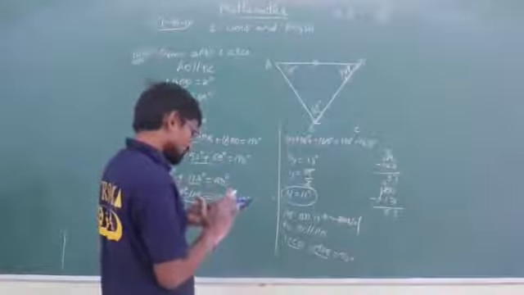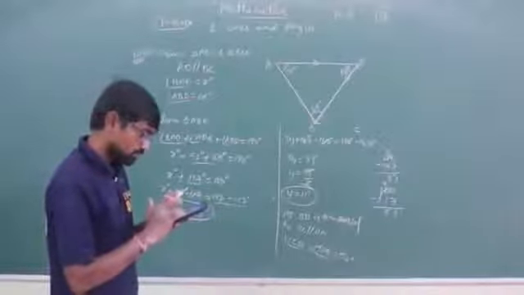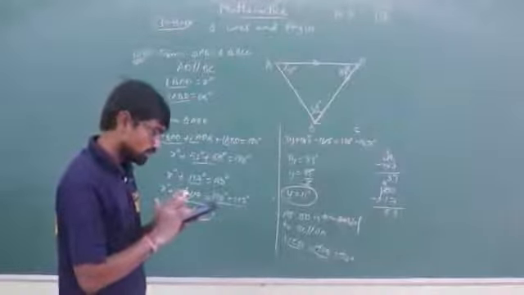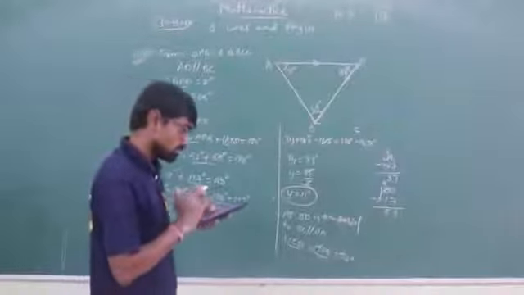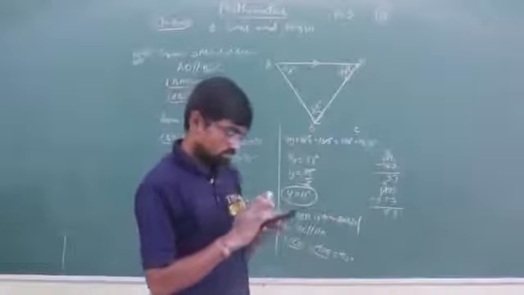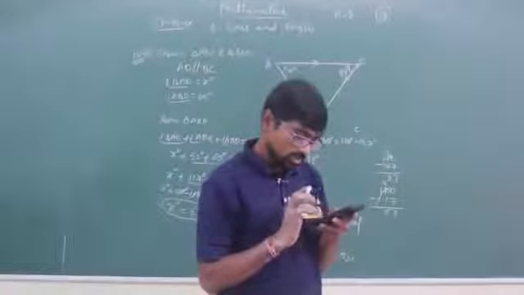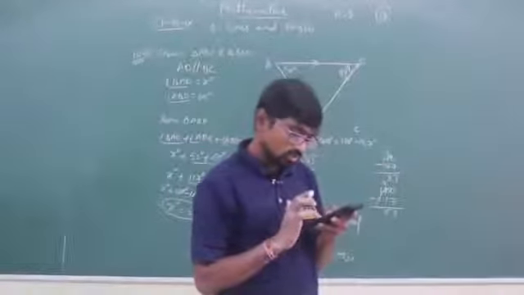We did question number 10, na? So in question number 10 we can see here, just a minute. We did the solution for question number 11, so the values are the same.